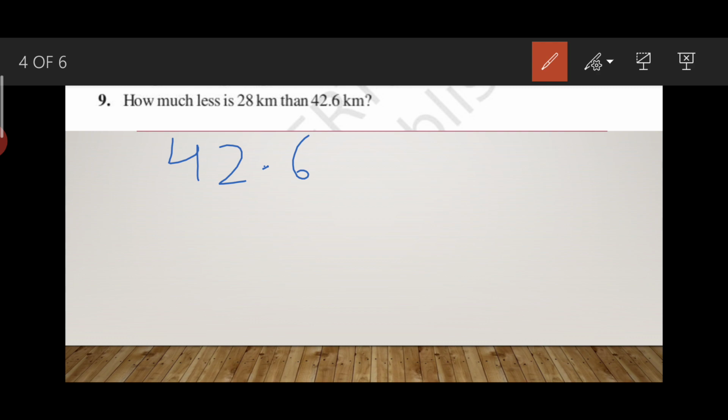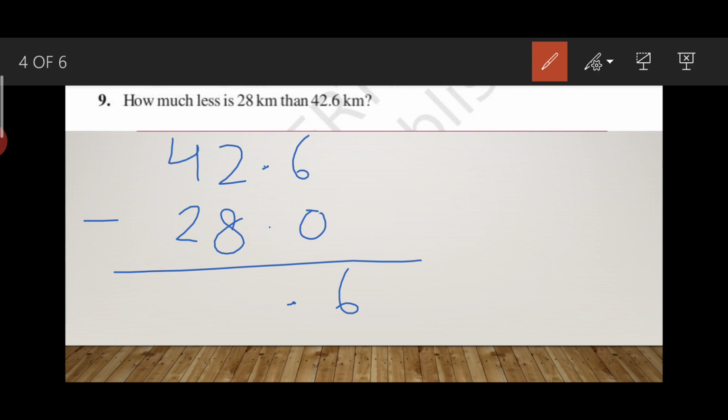As you can see, 28 has no decimal, 42.6 has one decimal. So what will you do? You will write 28 below 42.6, like this. And 28 has no decimal, so you will place a decimal and put 0 after decimal for easy subtraction. Now you have to subtract this. 6 minus 0 is 6 and again decimal here.